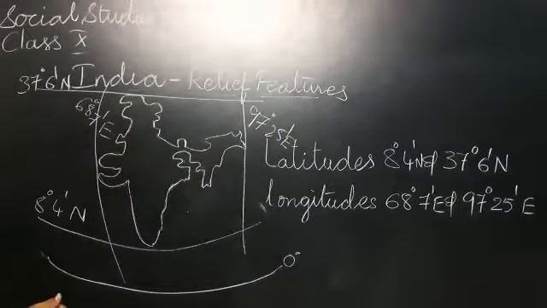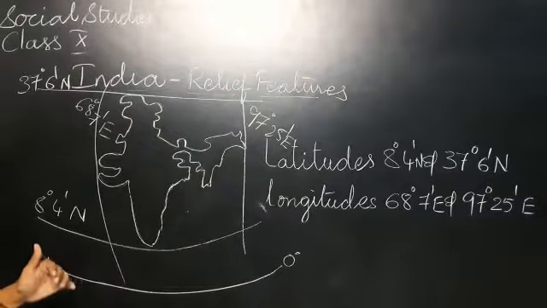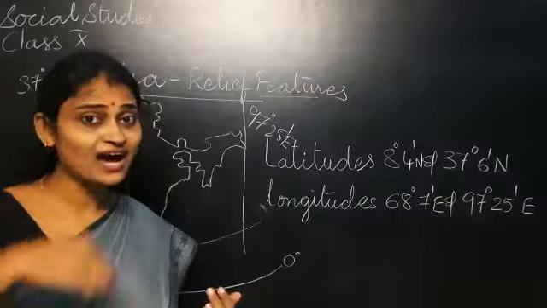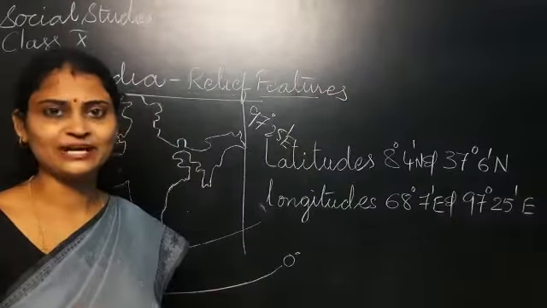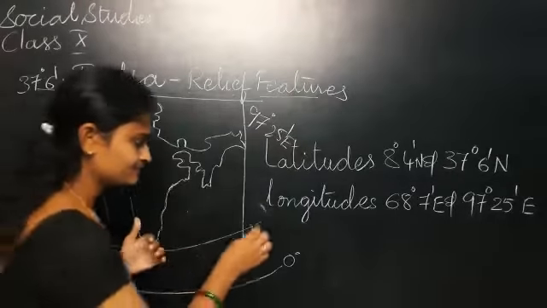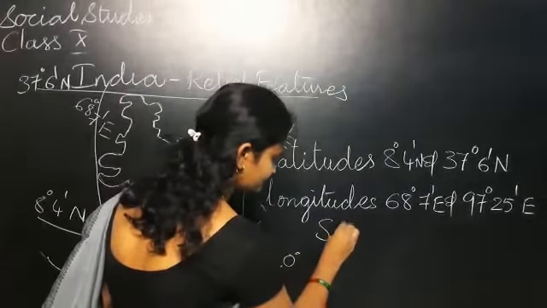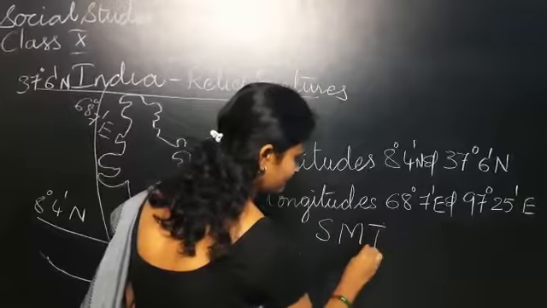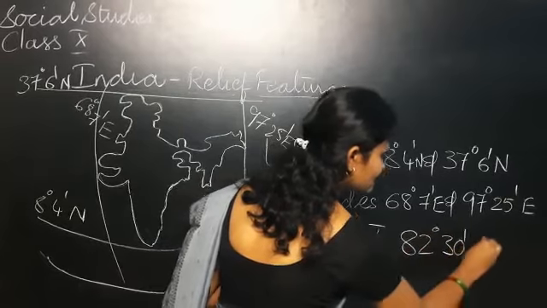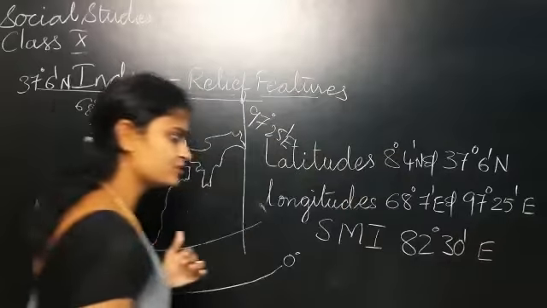Eastern longitudes. Children, already you know that the longitudes are useful to know the time. What is the standard meridian of India? It is 82 degrees 30 minutes eastern longitude.